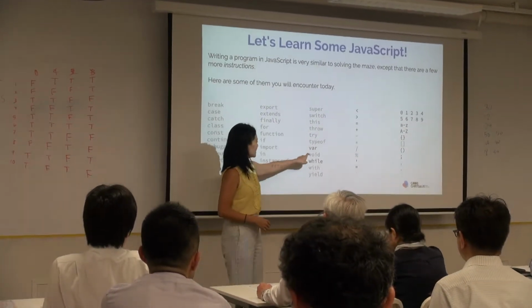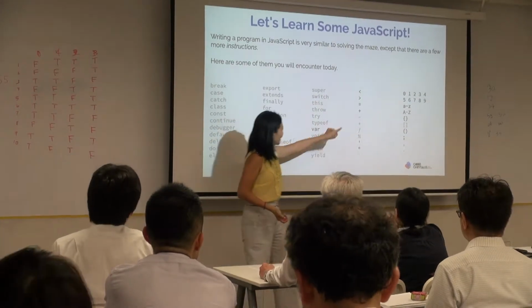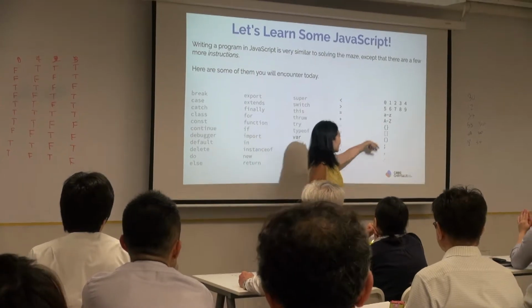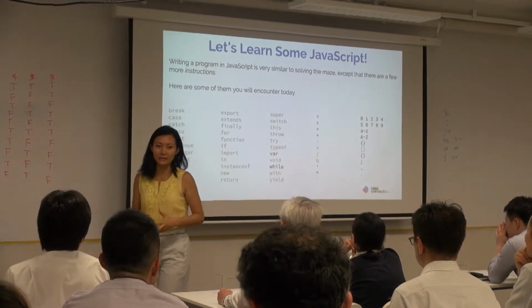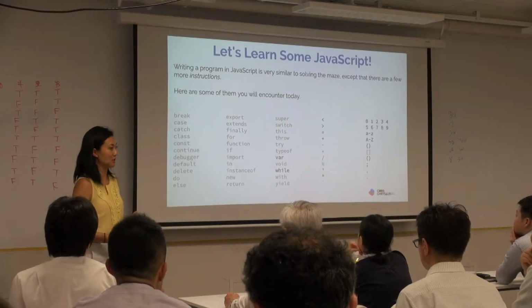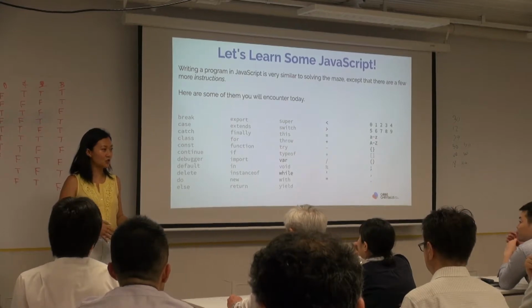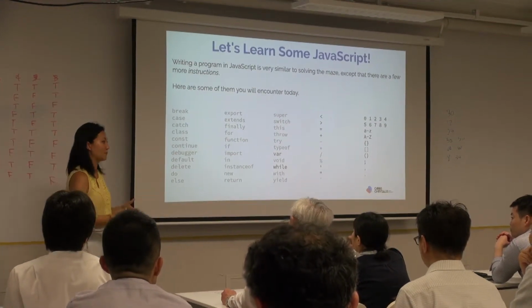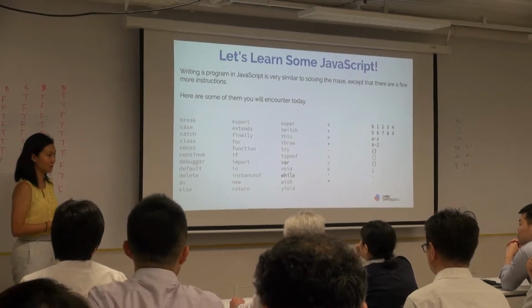Today, specifically, you will see var, you will see while, you'll see some mathematical things, and then you'll also see some characters. So this is how we give instructions to the computer. And just like learning another language, we need to also learn the grammar and syntax to be able to give the correct instruction to a computer. Okay?